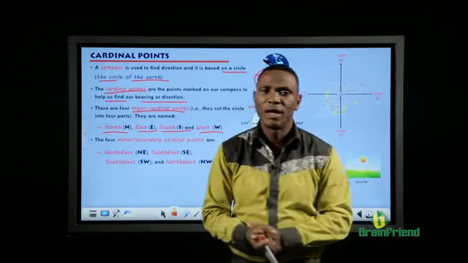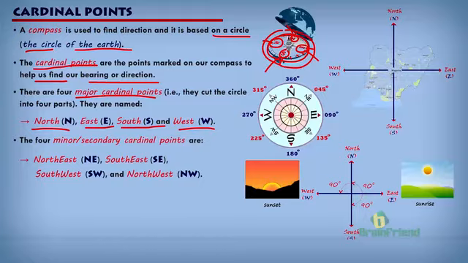Now we have other cardinal points that are not the major ones. They are called the minor or secondary cardinal points. We have the major as north, south, east, and west, while the minor or secondary cardinal points are the northeast. As the name suggests, it is a combination, because it is in between the north and the east.